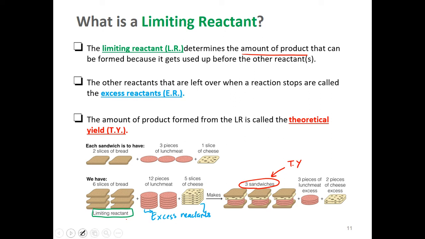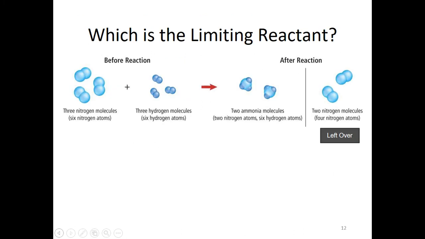Okay, so now let's look at it in terms of chemistry. Here is a reaction represented in a diagram. Let's actually write down the reactants and products involved using chemical formulas. Okay, so over here it says 3 nitrogen molecules are reacting.